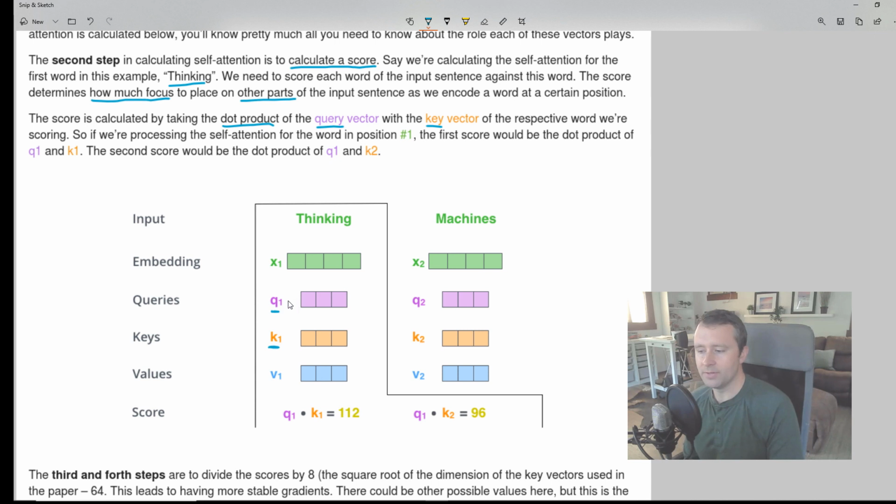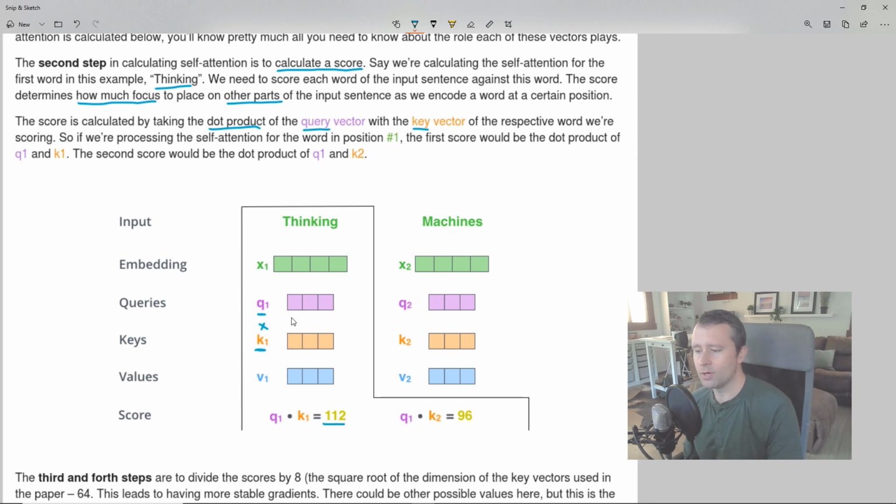So we start by scoring Q1 times K1, and that gives us this score. And then next we take Q1 and multiply it with K2, and that gives us this score, 96.